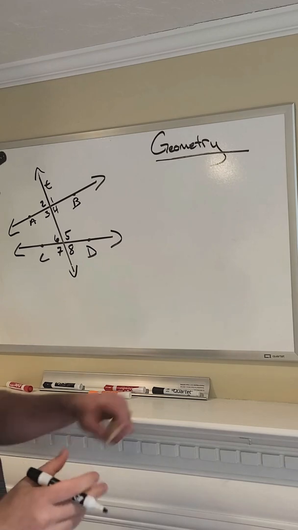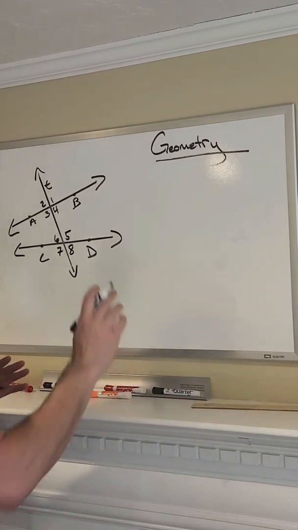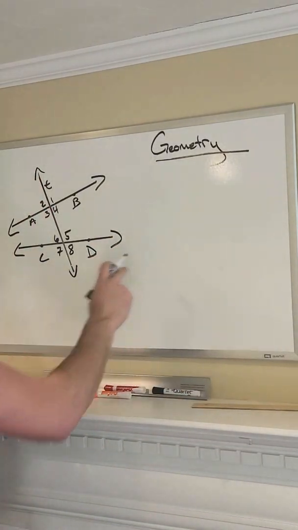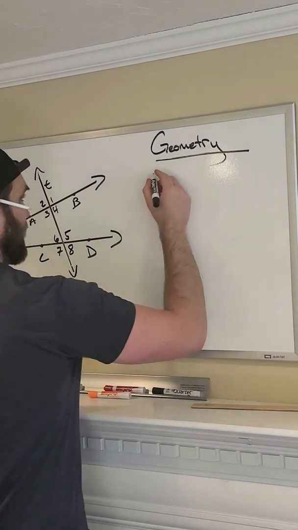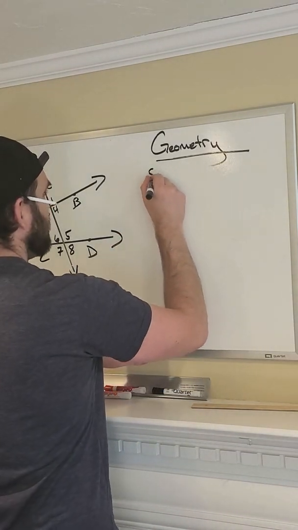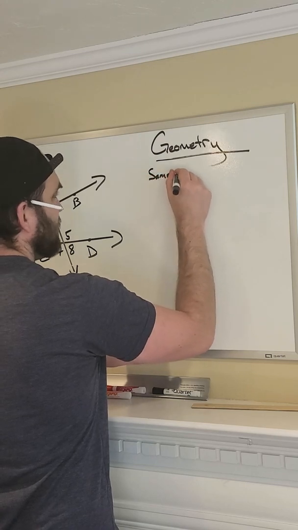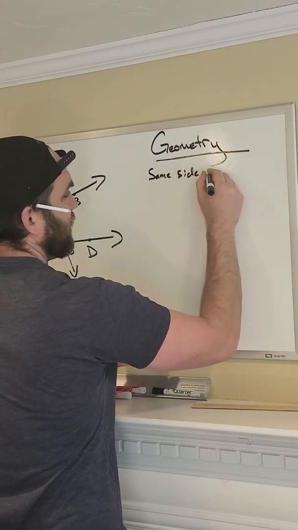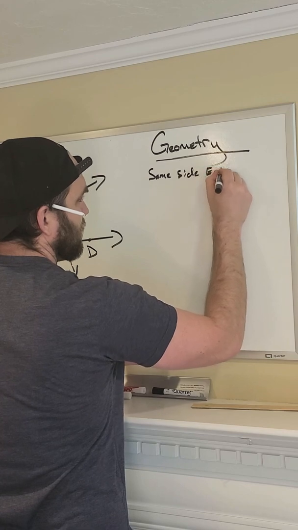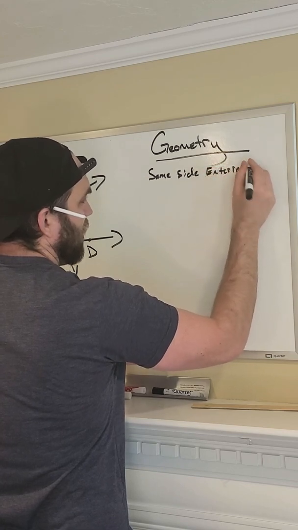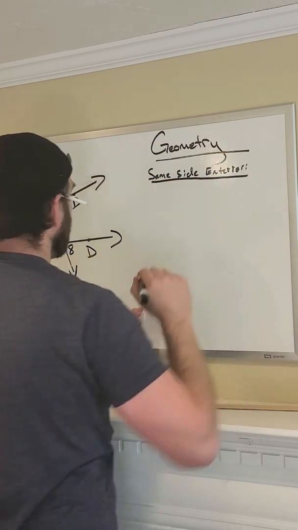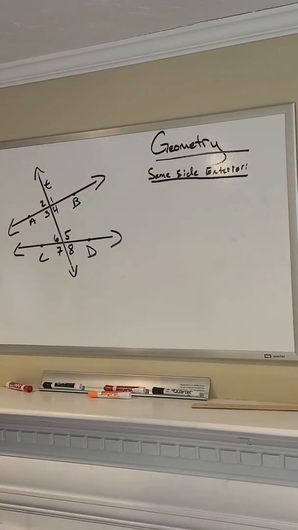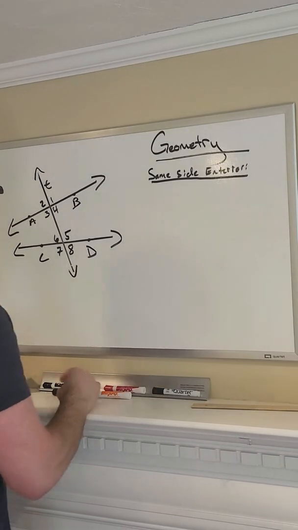Perfect. We'll start by putting the names of the different angles created, one at a time. We'll start with same side exterior angles, and we'll see which angles are same side exterior.